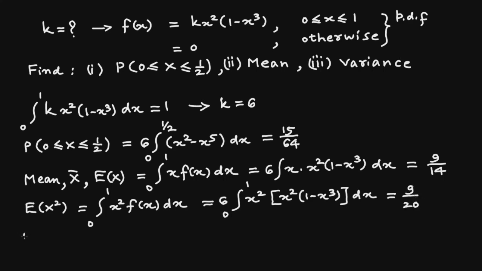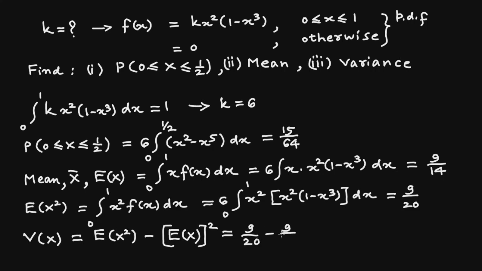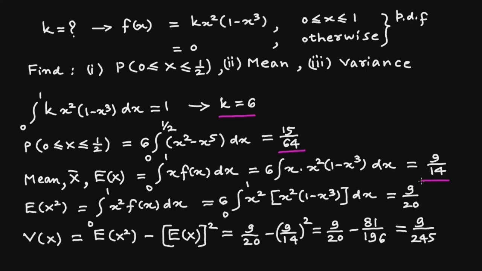Now variance x is expectation x square minus square of expectation x, which will be 9 upon 20 minus 9 upon 14 square, which will be 9 upon 20 minus 81 upon 196, which after solving gives us 9 upon 245. So we have k equals 6. Probability of x between 0 and half is 15 upon 64, mean 9 upon 14, and variance 9 upon 245.